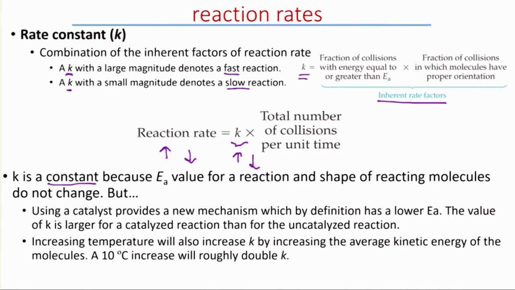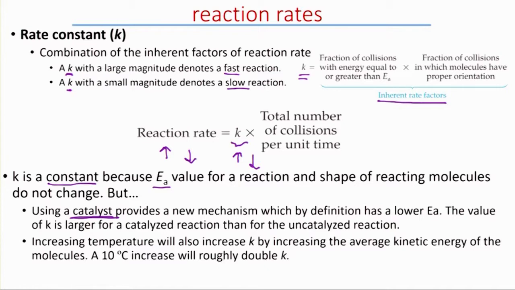All right, a couple more details about k. We can call it a constant because the activation energy for the reaction does not change. A couple things would cause that to change a little bit. If you have a catalyst, we'll talk about that in more detail in the next video, a catalyst is a new mechanism, so it doesn't follow the same mechanism going from reactants to products as the current one.